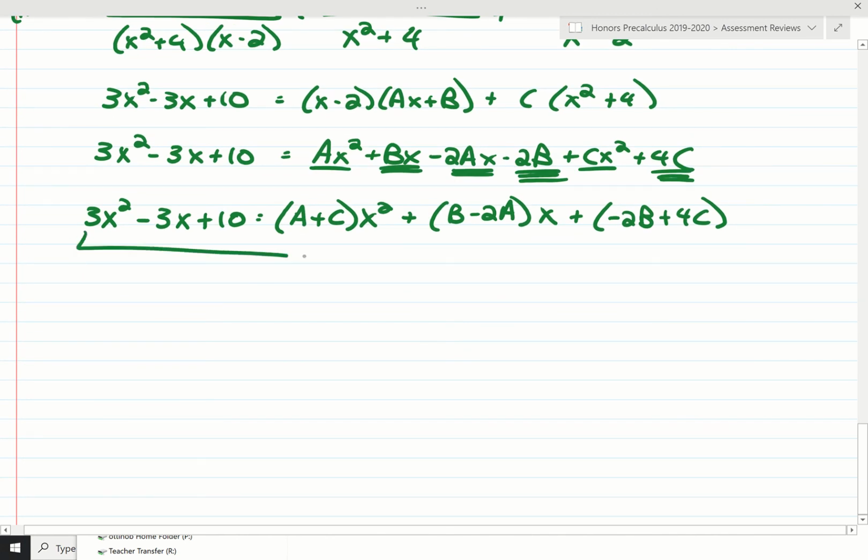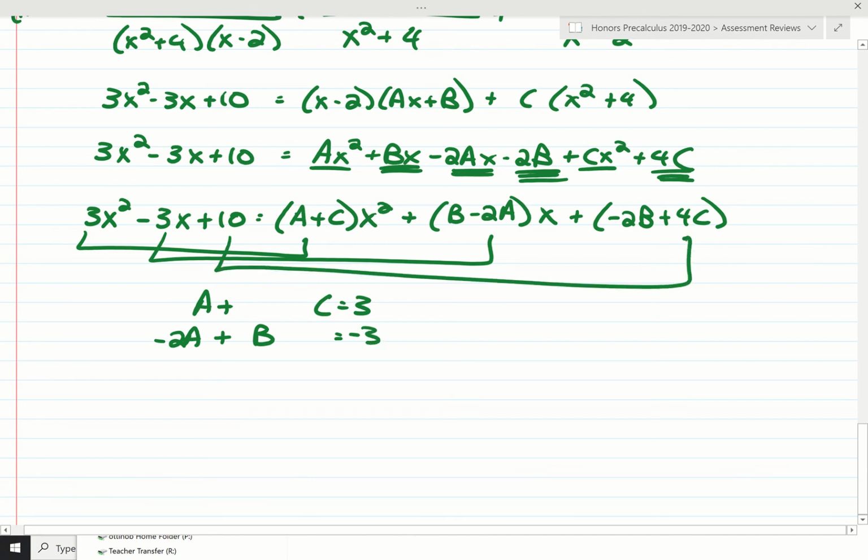So these should match up. a plus c should equal 3. The number of x terms should match up. And our constant term should match up.